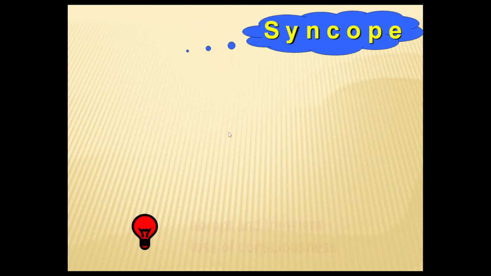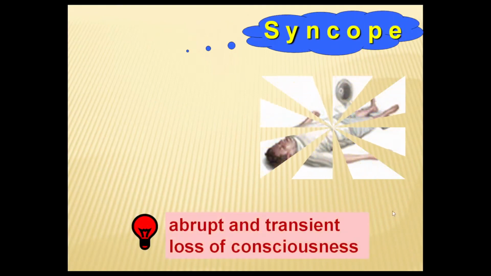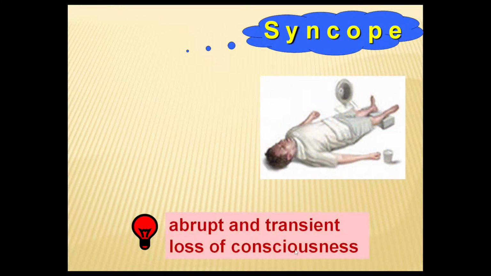Syncope. And pay your attention. Patient suddenly loses consciousness. It's a general characteristic of syncope because on the exam I will obligatorily ask you, what do you understand about syncope, collapse or shock? Syncope, sudden but transient loss of consciousness.